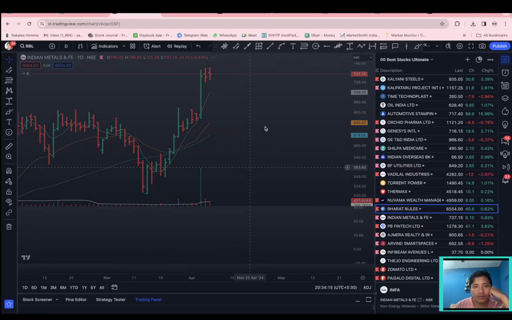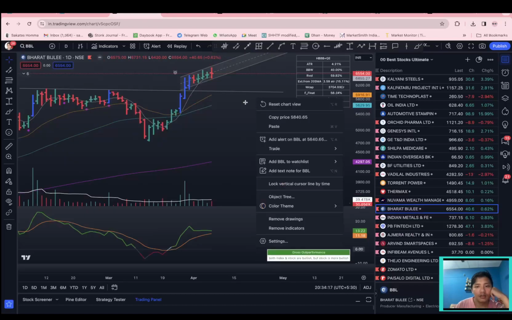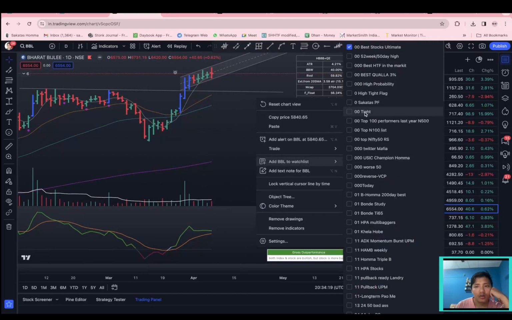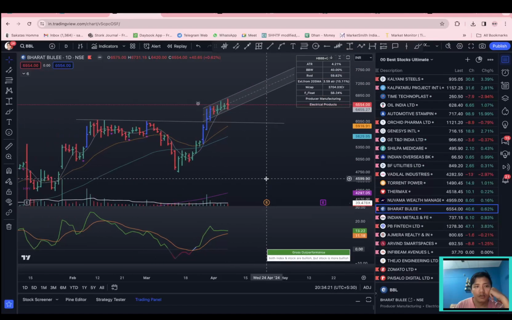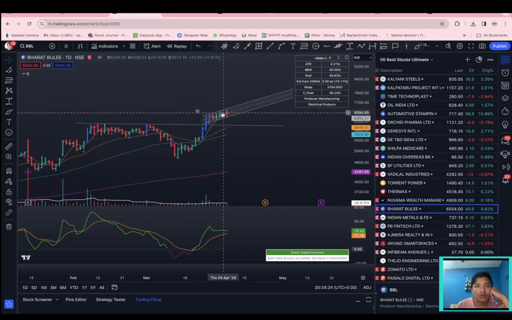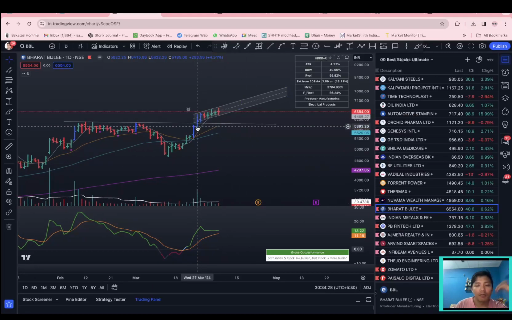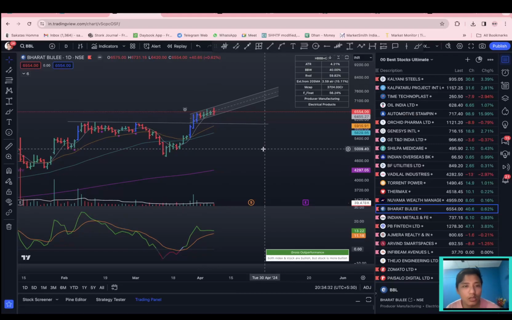Okay, so quickly checking BBL is in the watch list or not. I'll put it there if it is not, and it's also tightening right after the base breakout, right? So flags below the base breakout pivot, above the base breakout pivot, those are the places to be.